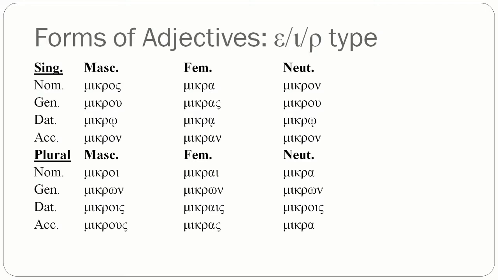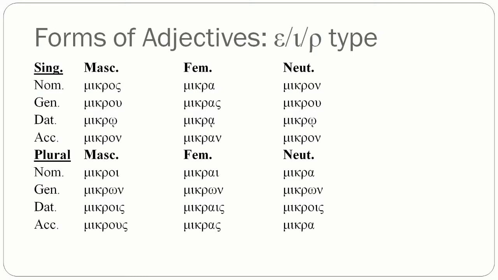So you have mikrou and mikrō with an iota subscript. Going down to the plurals of the neuter, you have mikra as your nominative plural. If you have the nominative plural, you also know the accusative plural. It's identical. And going to the genitive and the dative, they're the same as the masculine. So you have mikrōn as the genitive plural and mikrois as the dative plural.